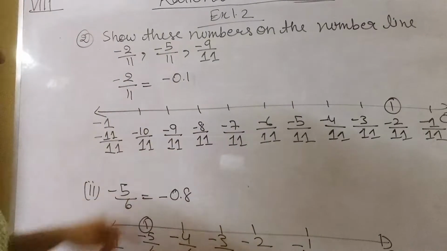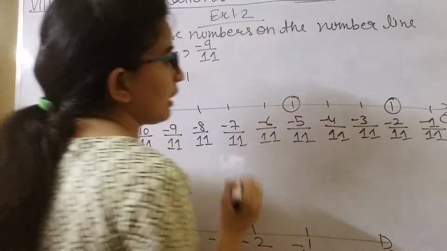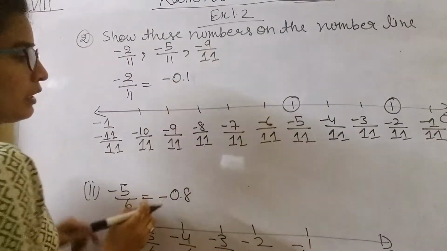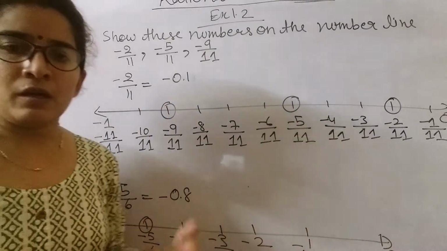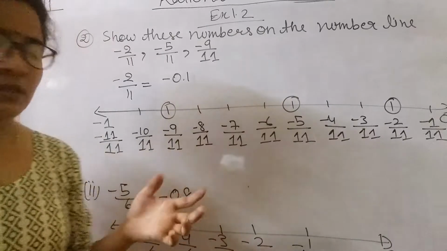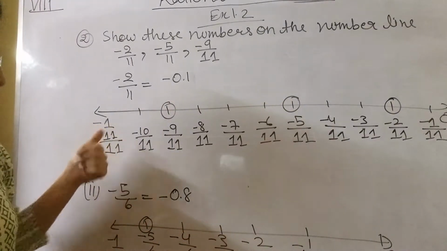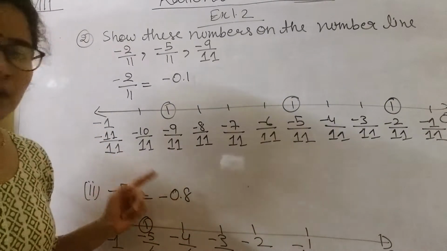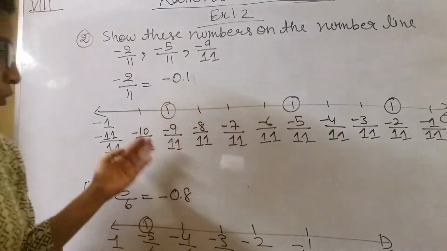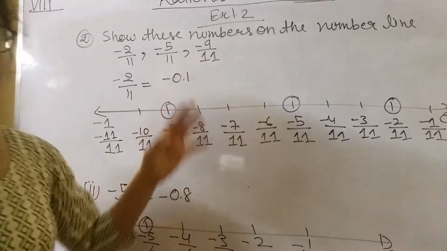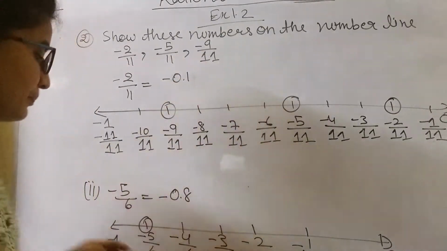Minus 5 upon 11, that will be marked here, and minus 9 upon 11, that will be marked here. So we will again write minus 1 as minus 11 upon 11, and then we decrease the order of the number, so we get these numbers on the number line.